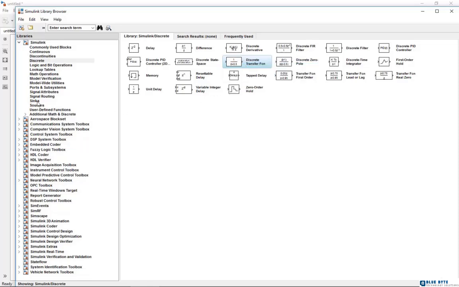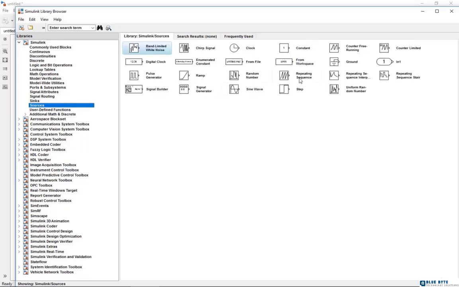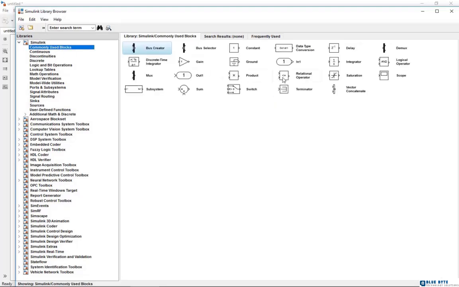Now I add a discrete transfer function. Then I go to sources and I add step. And then I go to commonly used blocks and add scope for mux.